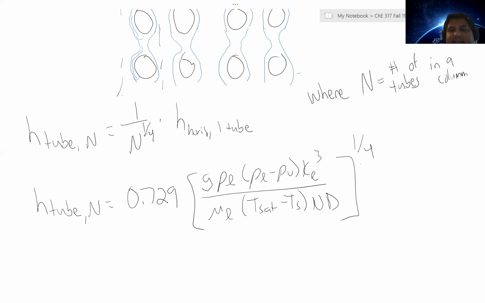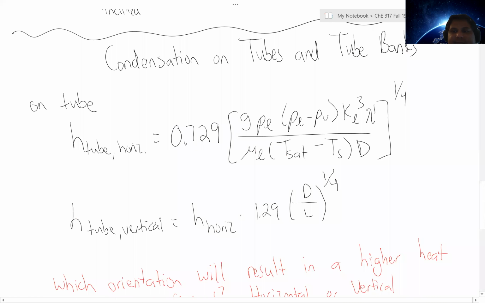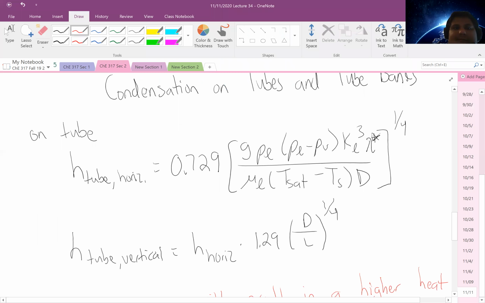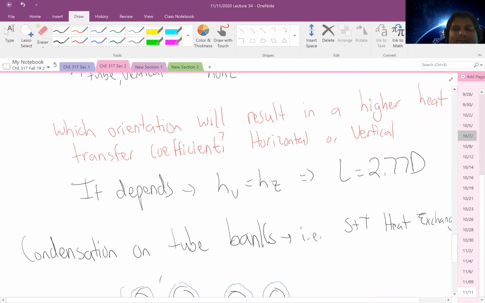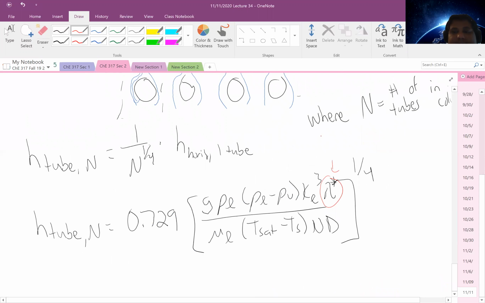Oh, and I forgot the lambda star. Make sure I didn't forget it up there, because there's probably a good chance I did. So this goes here. It goes here too.